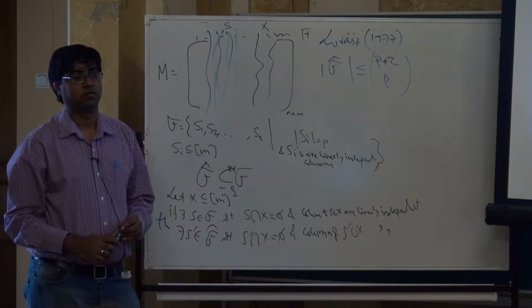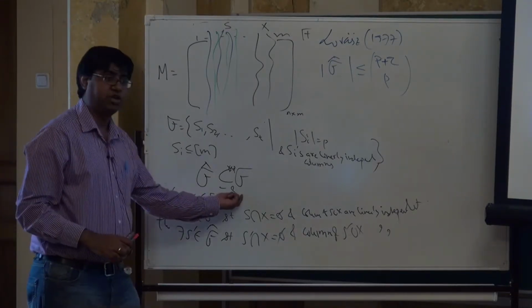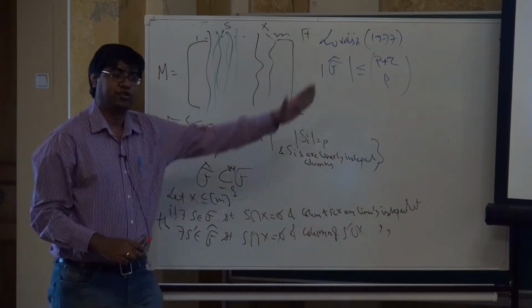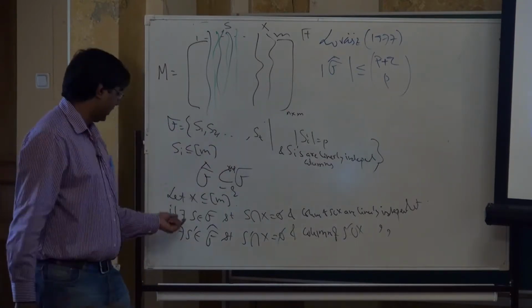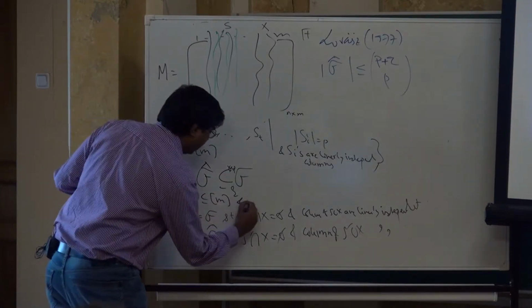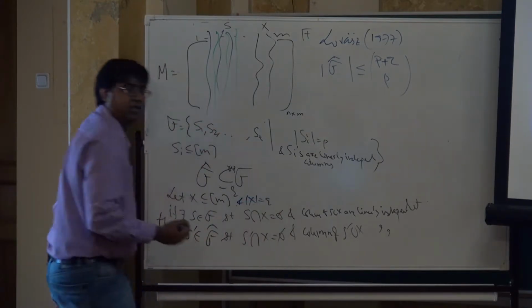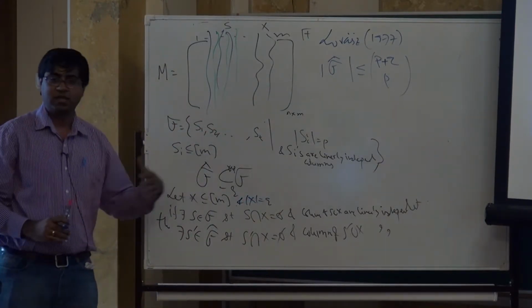And Q is talking about the q-representative, so the size of X is Q. So let X be a subset of M with size of X equal to Q, otherwise this doesn't make sense.